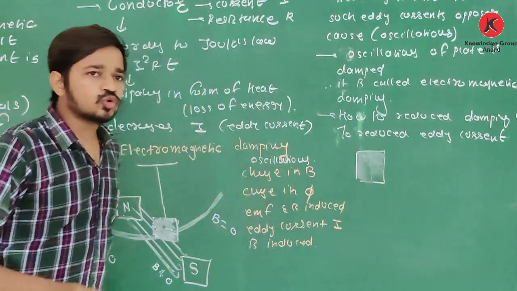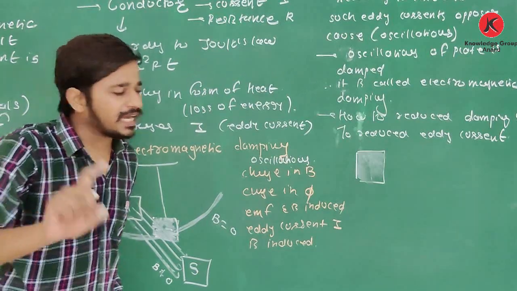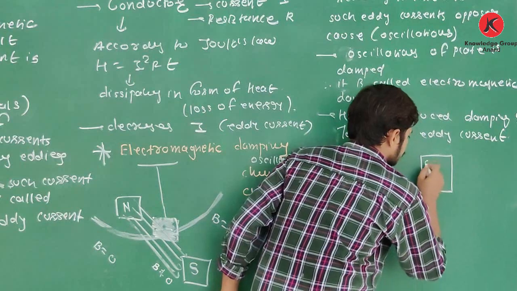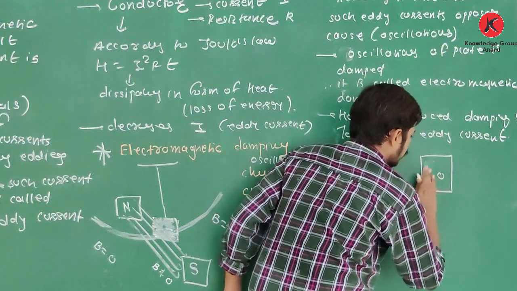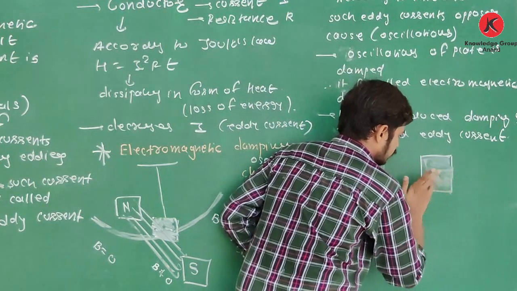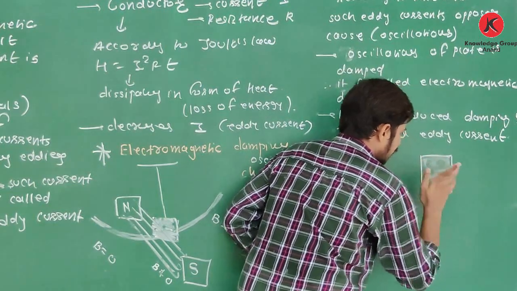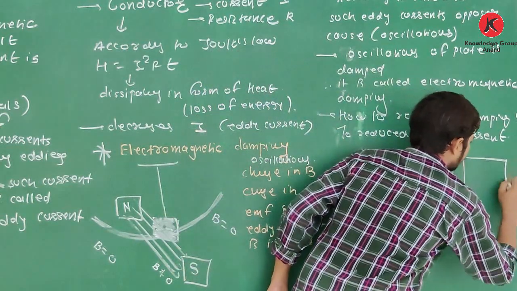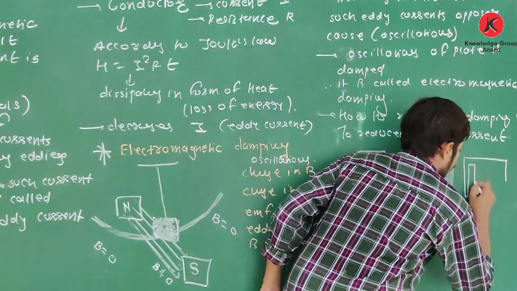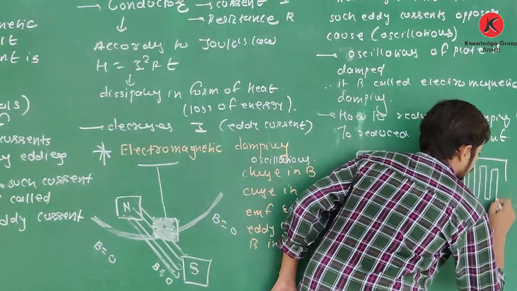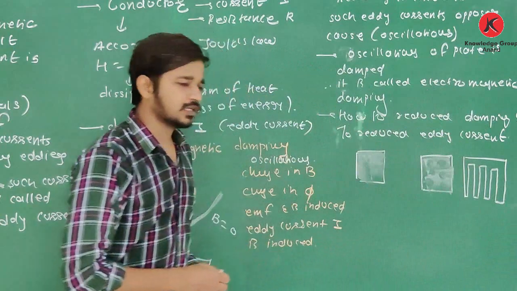To reduce effect of eddy current, we have to make the plate like this, with holes, or slotted. Slotted means like this.